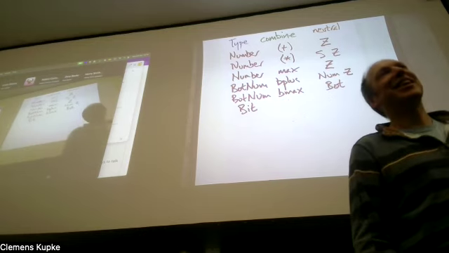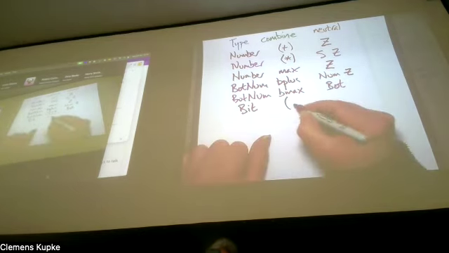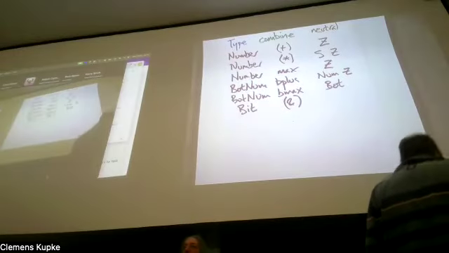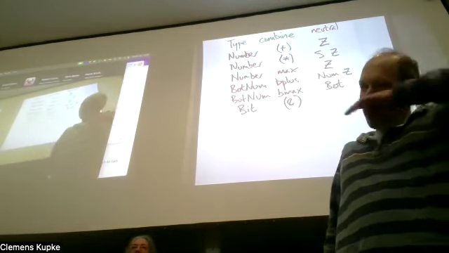Okay. And what was AND's neutral element? Right. You got 2 choices.